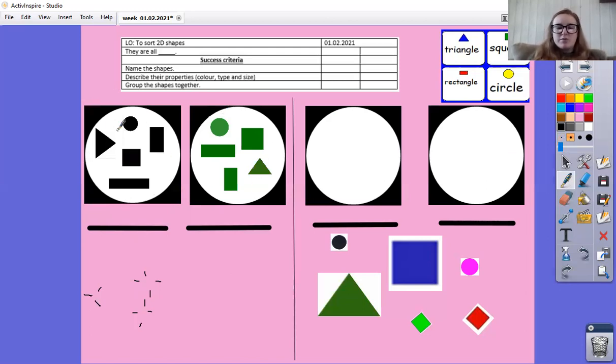In those groups, there are different shapes, but I've still managed to sort them by colour. So I'm going to write underneath how I sorted these. These are all black shapes. And these are all green shapes.